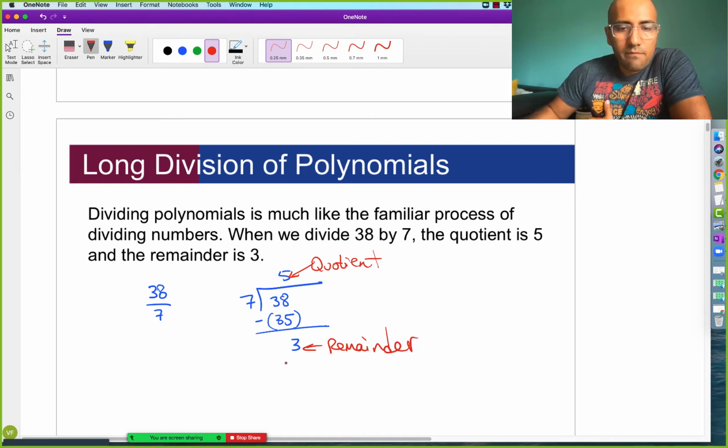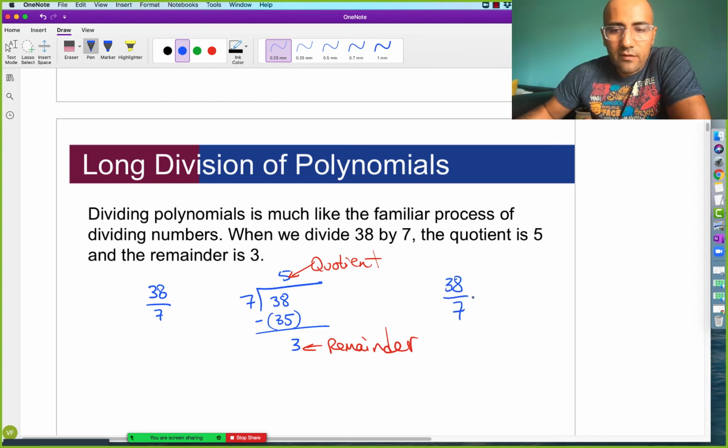Right? So from this process, we can see that it goes into it 5 whole times, and there's a remainder of 3. So we can go back and represent this fraction, 38 over 7. We can say that this is equal to 5 plus 3/7, as an addition. Or we can also just combine them together as a mixed number and say that it's 5 and 3/7.